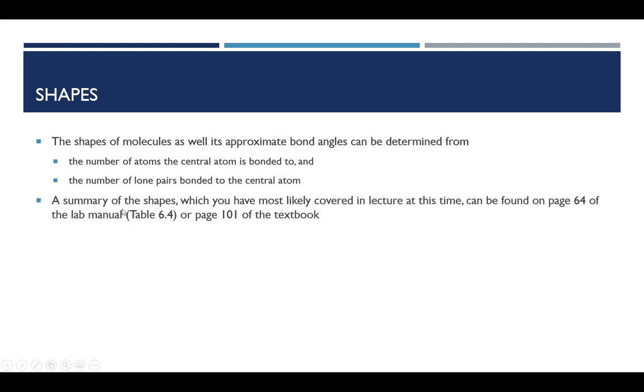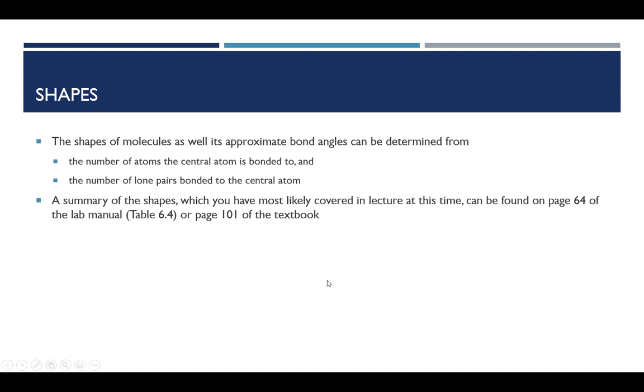So ultimately, to figure out the shapes, what we do is look up the shape that has the correct number of atoms and the correct number of lone pairs, and then match that using either the information on page 64 of the lab manual or page 101 of the textbook.